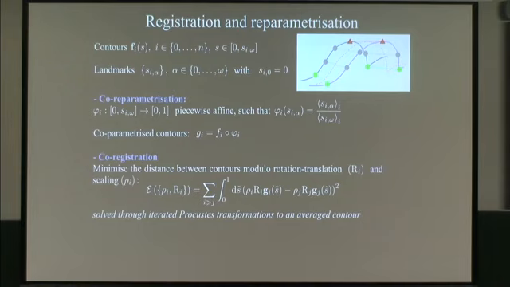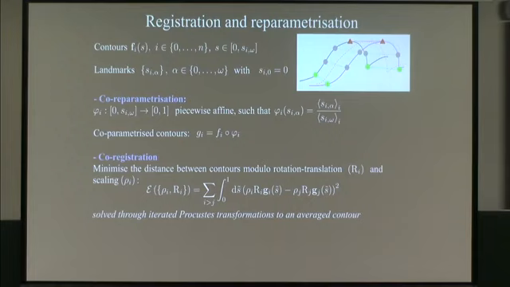Then we need to co-register the contours. We minimize the distance between the contours, modulo rotations, translations, and scalings. So we minimize the L2 distance between all contours: the sum over i different from j of the difference between the two, with big R rotations and translations, and rho scalings.